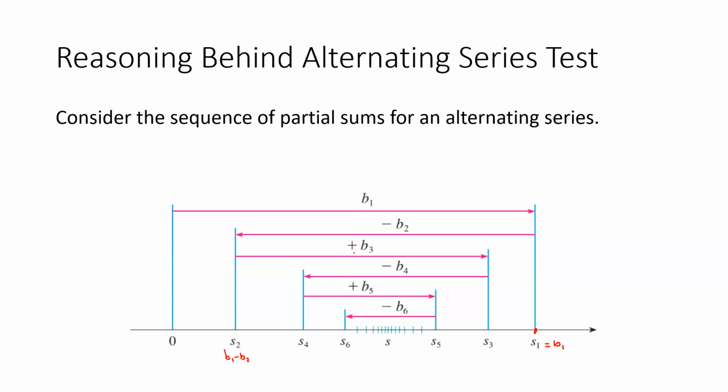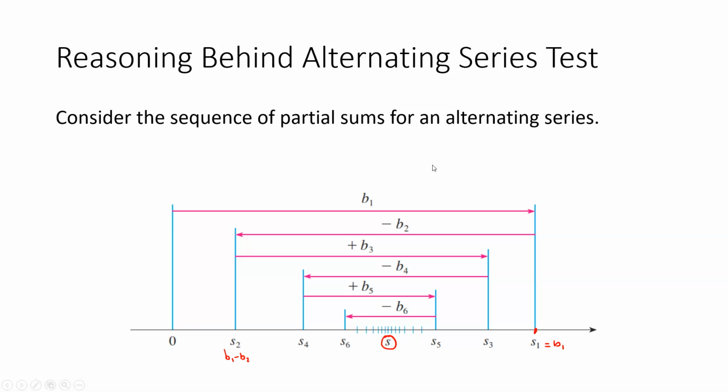As this sequence progresses, these partial sums are going to be closing in on some value in the middle. So S is going to land somewhere in between these partial sums. And since the partial sum bounces back and forth from one term to the next, the actual sum of the series must be some value in between them.